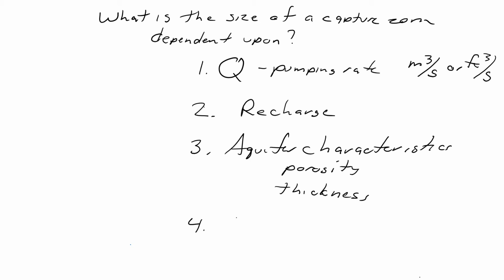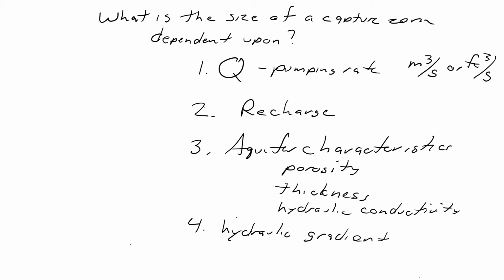One thing we've already talked about, I guess we can put hydraulic conductivity, which kind of encapsulates a lot of the aquifer characteristics here. How easy is it for water to flow through? One we already talked about is the hydraulic gradient. Remember, if the gradient is steeper, water flows faster. If it's very shallow, it might look more circular. If it's very steep, it's going to be much more oblong.